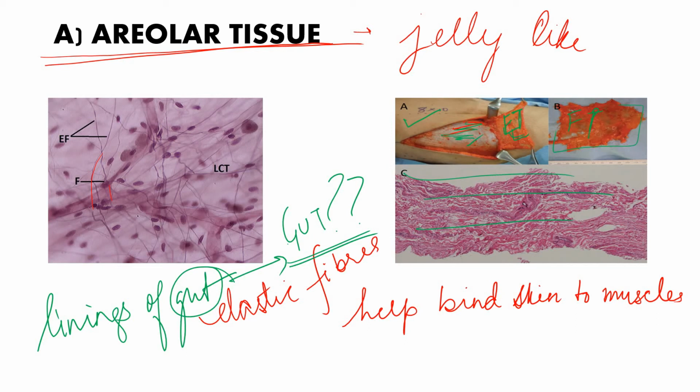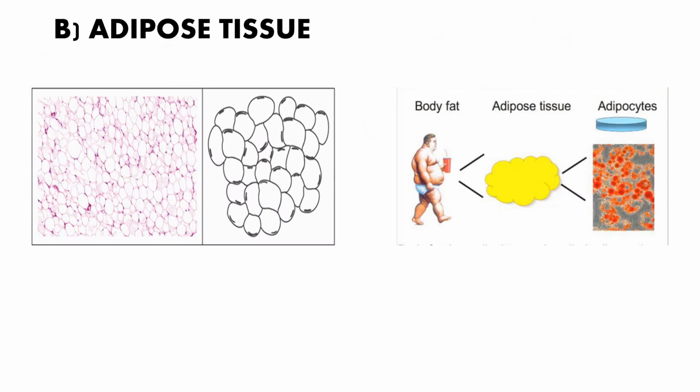You have to find out. They are also found in several linings of the muscles, the skin and other organs. So once again, areolar tissue means elastic fibers, jelly-like, that help to bind the skin to the muscles. You can see this picture.